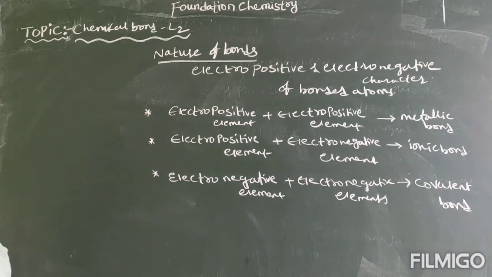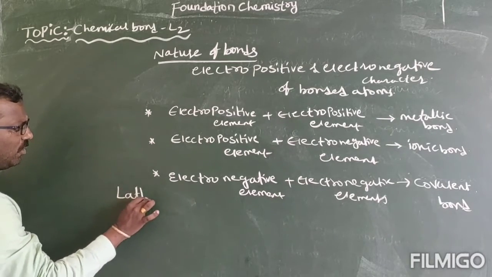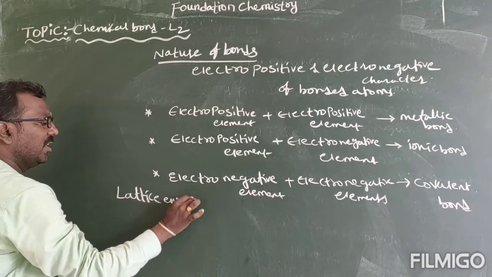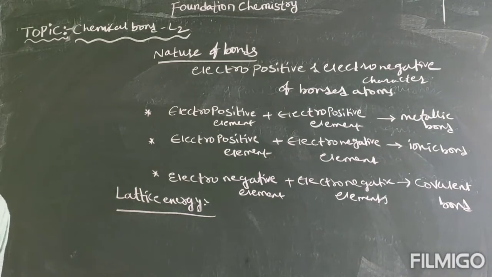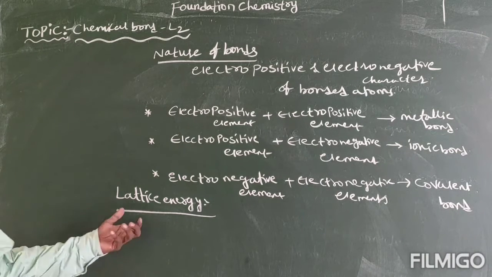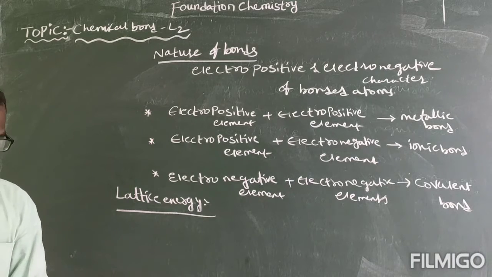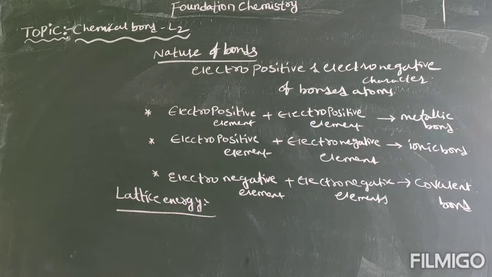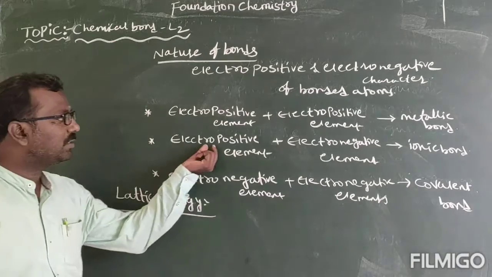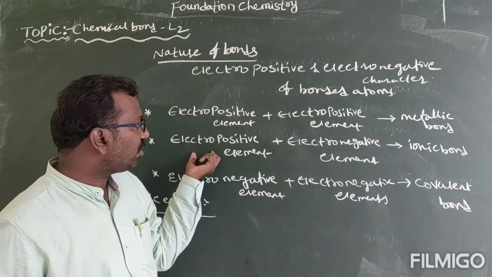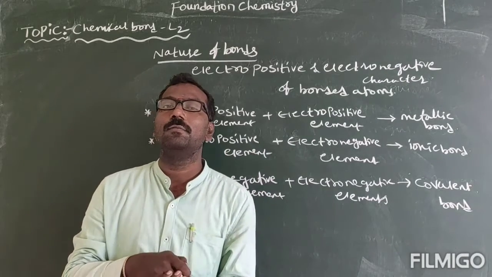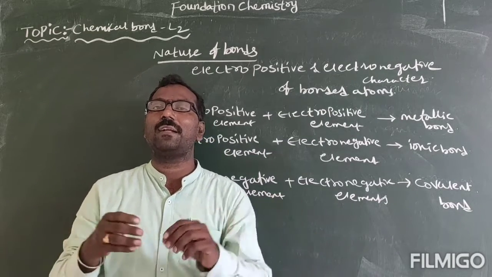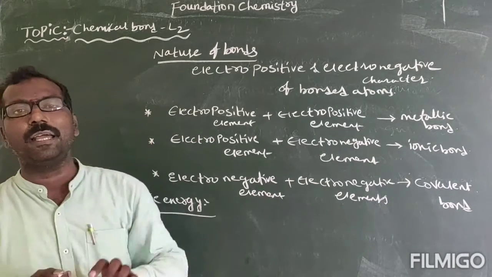Next we will have the term lattice energy. These are all basic terminologies before we go into detail on ionic, covalent and metallic bonding. When one electropositive and one electronegative element are there, they will attract each other, so there will be a decrease in energy.